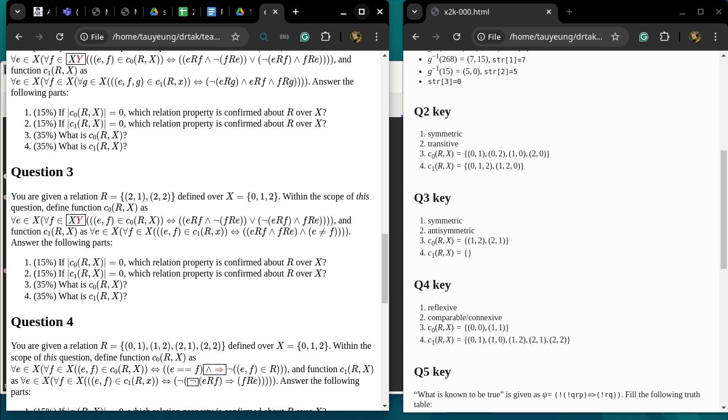Well, in this case, we have 2, 1. We better have 1, 2 to also be in the relation in order for the relation to be not anti-symmetric. Having just one is not a problem. Having none is also not a problem. Having both is the problem. Is that okay?